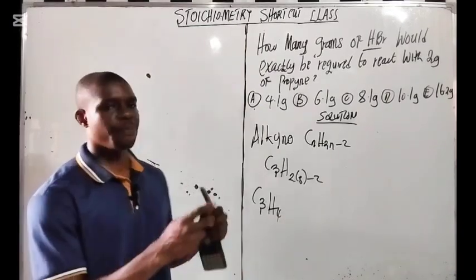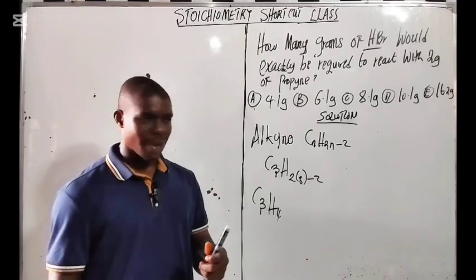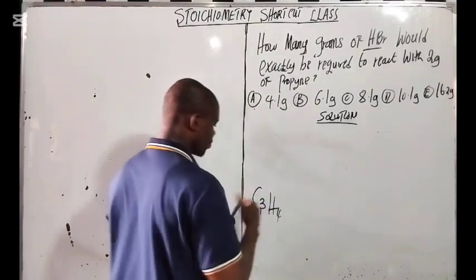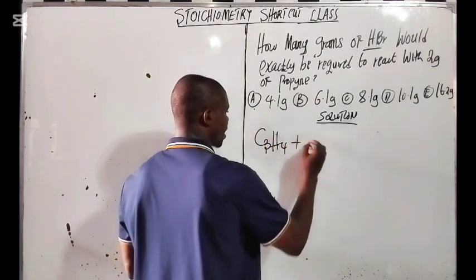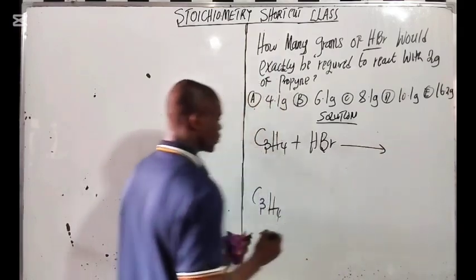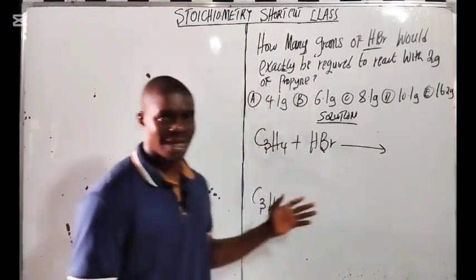So that is propane reacting with hydrogen bromide, which is what you are seeing here. C3H4 reacts with hydrogen bromide, right? What is the product of the reaction here? This is called an addition reaction. Now this is under organic chemistry.